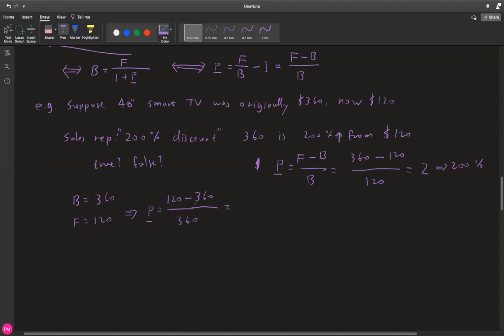And if you use this formula, you end up with negative 0.67, which is an approximate value. So this implies a 67% discount, as opposed to the 200% discount claim, which does not make sense at all.